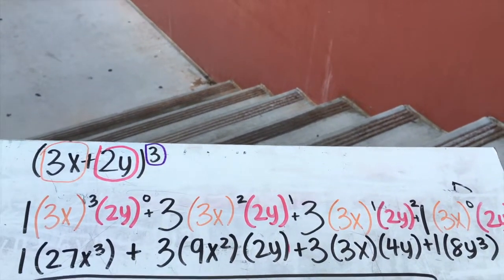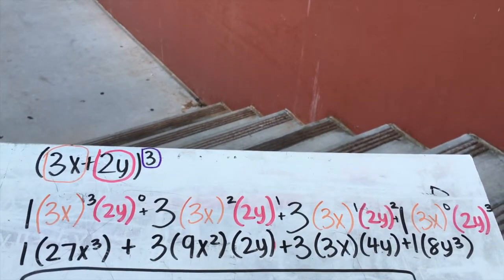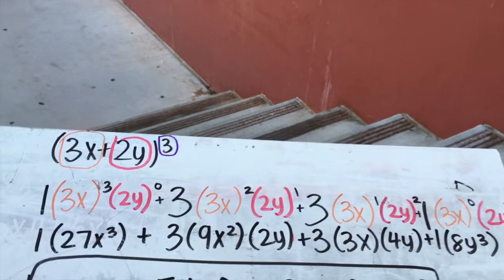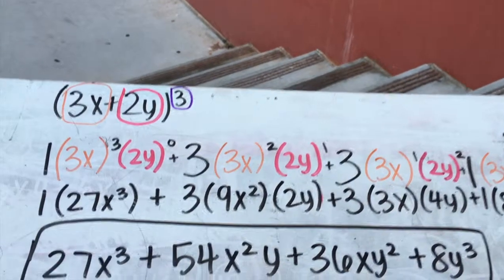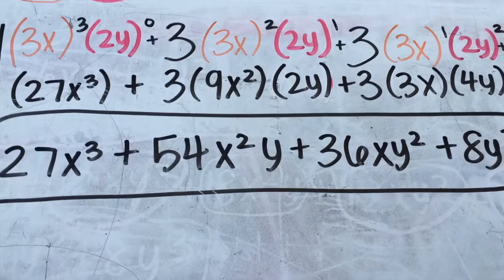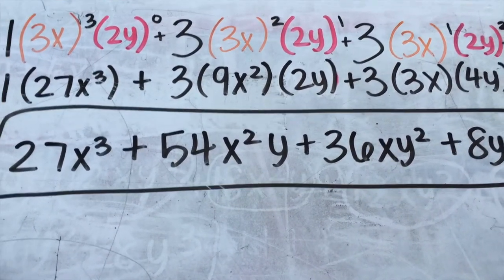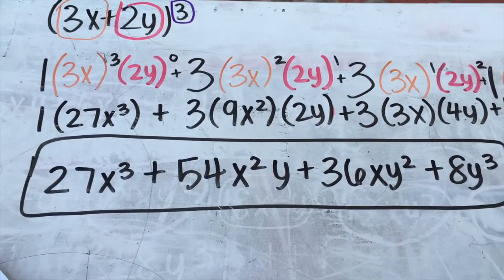Orange equals 3x and the red marker equals 2y. Then the final answer is 27x cubed plus 54x squared y plus 36xy squared plus 8y cubed.